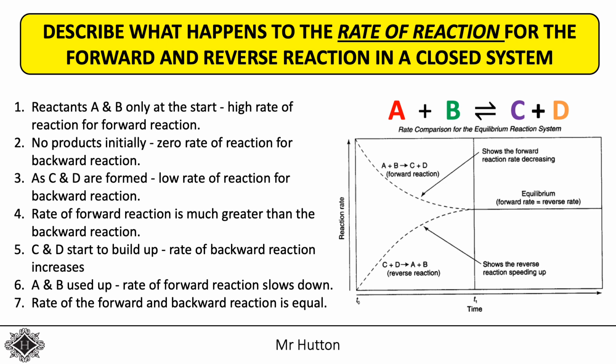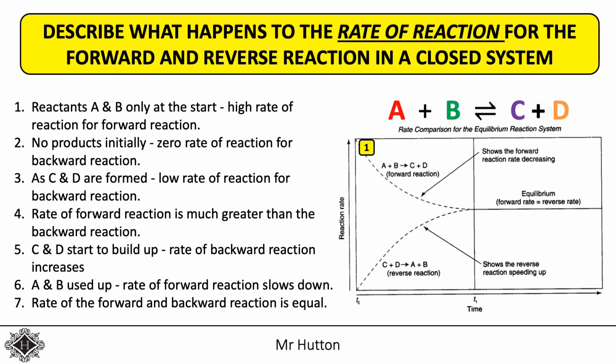Then your line for C and D is coming up from the bottom left corner and then slowly flattening out in the middle of the page again. So we're going to link the statements 1 to 7 on the left to the graph so you can see what we're actually describing. If you haven't got a copy of this, make sure you draw out a copy now, and then you can make these notes as we go along.